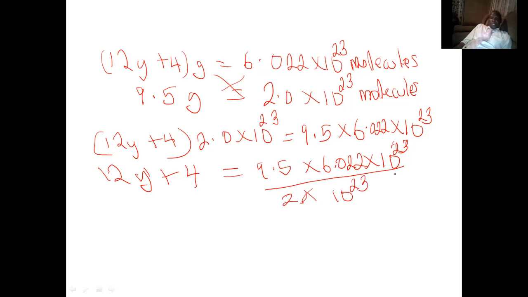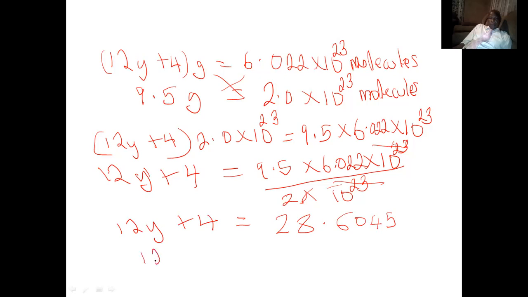And you note that here, this one and this one are going to cancel. And when you divide by 2 there, it will give you 28.6045, which is equal to 12y plus 4.